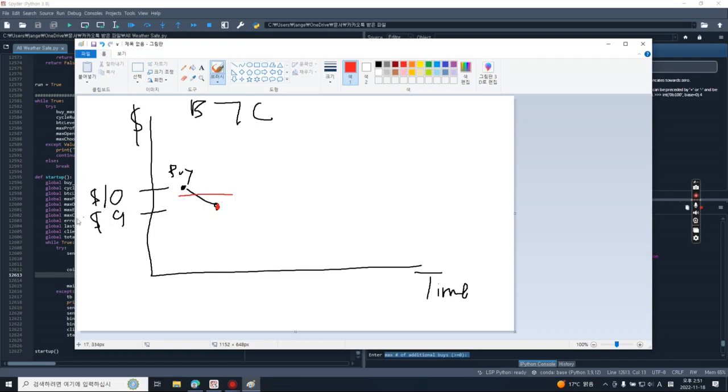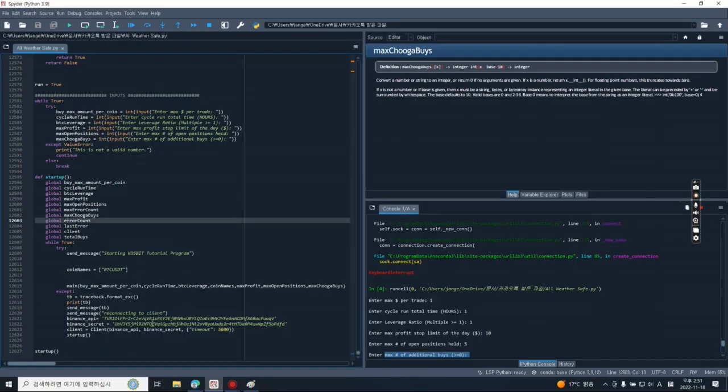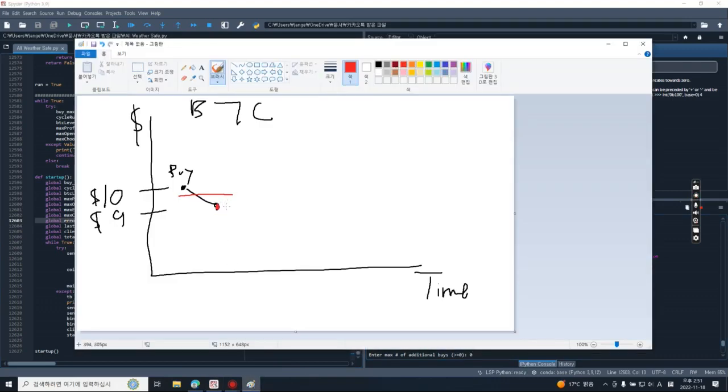But for people who are willing to take more risk, this is exactly that feature. If you don't want to buy it again, then you just input 0, so it doesn't have to happen. But most people like to average down their cost. So your original cost was $10, but now it's dropped to 9.